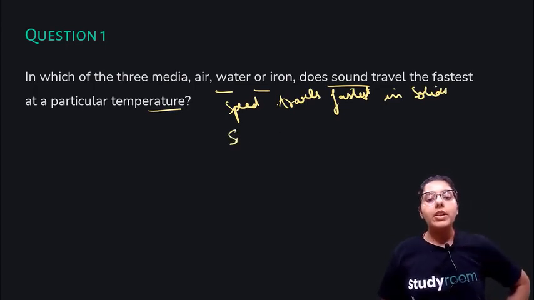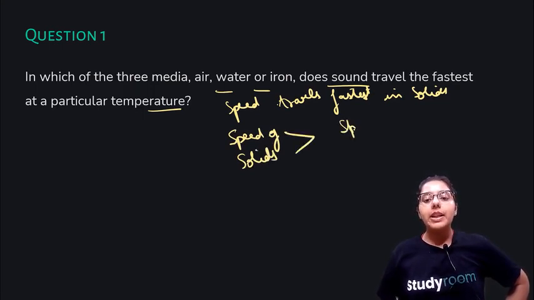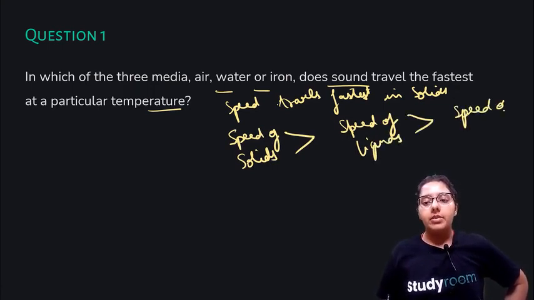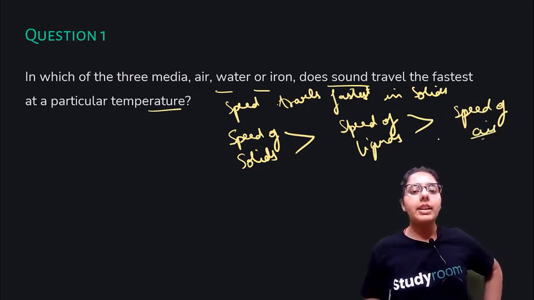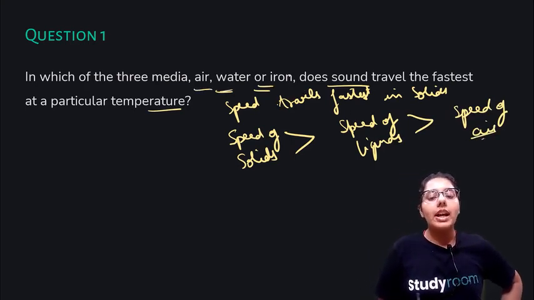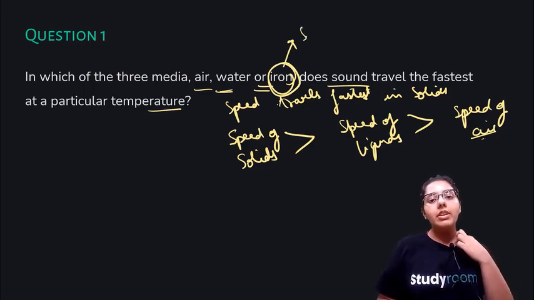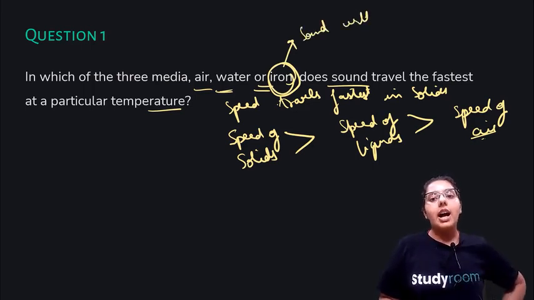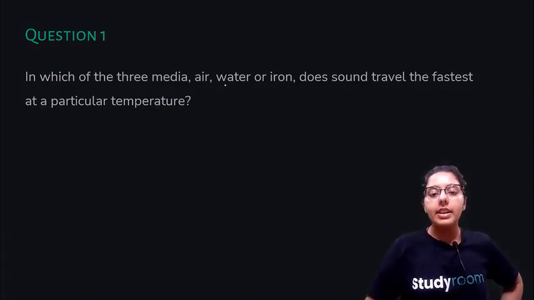Okay, so speed in solids is fastest, then comes the speed in liquids, then comes the speed in air. So from air, water and iron, since iron is a solid, sound will travel fastest in iron. Then in water and then in air.